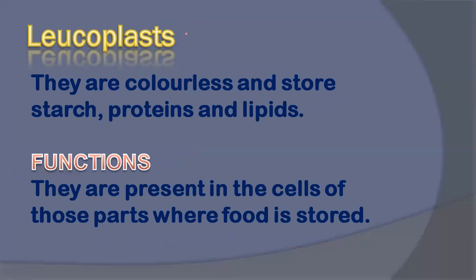Now we'll talk about leucoplast. Leuco means colorless, so they are the colorless bodies. They don't have any type of pigments, and their very important function is that they are the storehouses of food, where the food is stored. For example, in the vegetables, especially underground, and in the fruits.